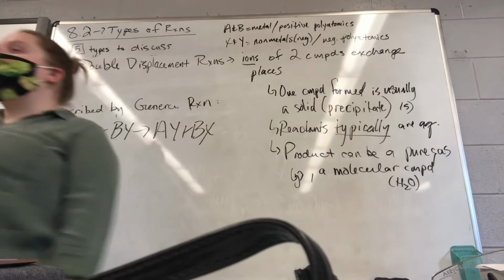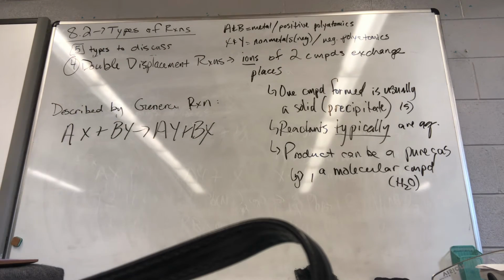Remember the term molecular compound? We read about it. We didn't talk about how to name them, but binary molecular compounds were compounds made of two or more nonmetals. So CH is a molecular compound. OH is a molecular compound.